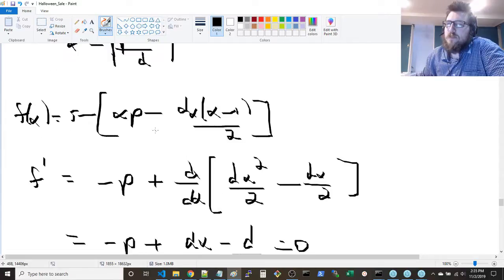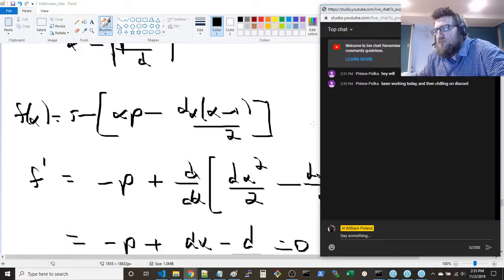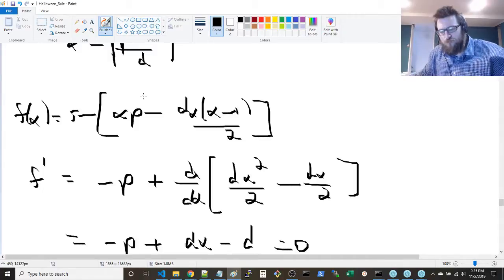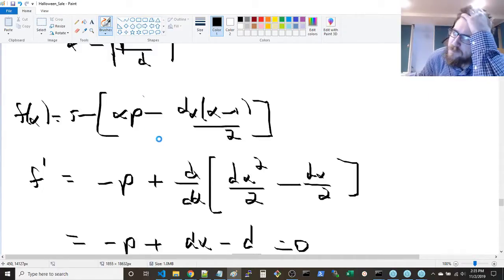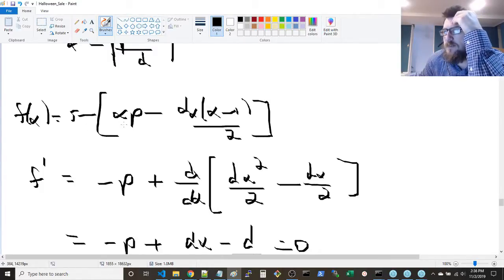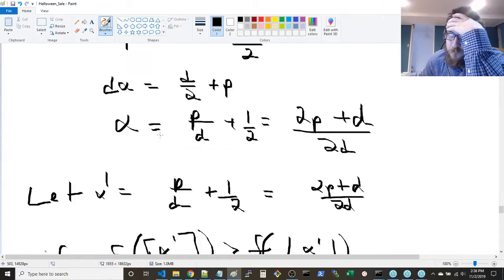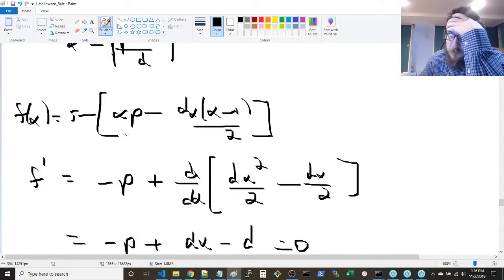One more time. Let's try this. So this function, S minus this alpha P minus... So the thing is, S is a constant. This F prime, that gives us the minimum.